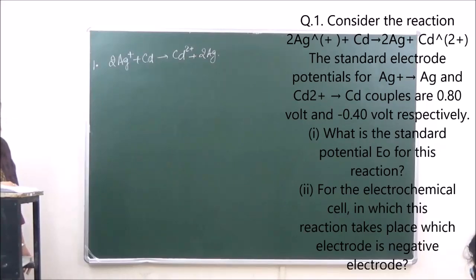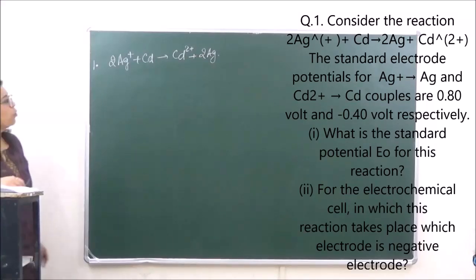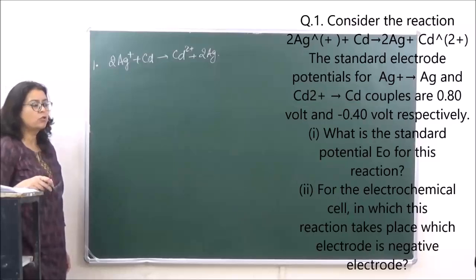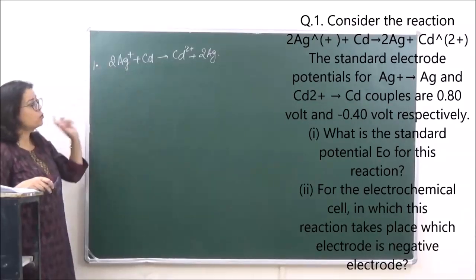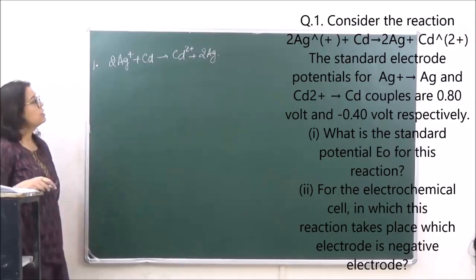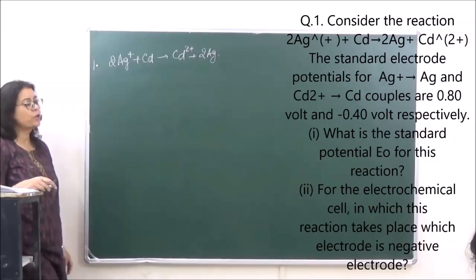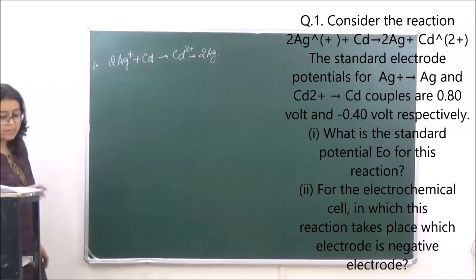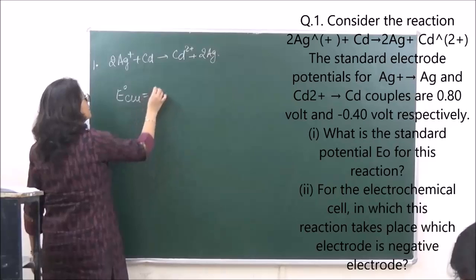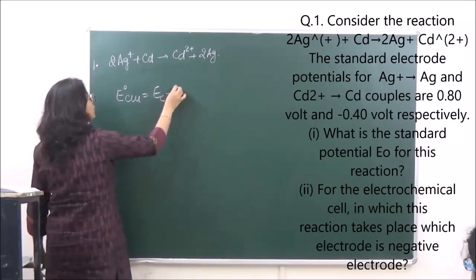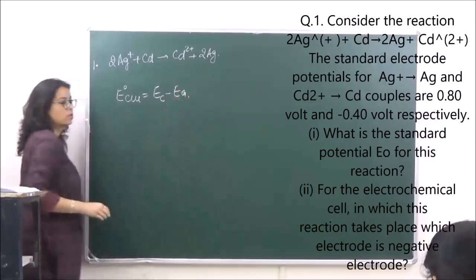Now in this case, the electron exchange in both the cases is going to be equal to 2. To balance the 2 electron exchange, we have taken 2 over here. Okay, so the electron exchange over here is going to be 2. Now we know that E naught cell is E cathode minus E anode.